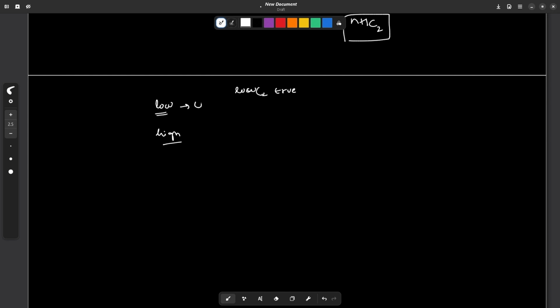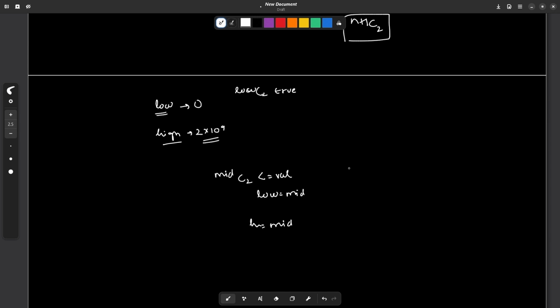So I can initialize my low with 0 and high with 2 into 10 to the power 9. Now if I do binary search, I can just check whether the value of mid C2 is less than or equal to the value that has been given to us in the input. That means I can set my low as mid, and otherwise I'll set my high as mid.